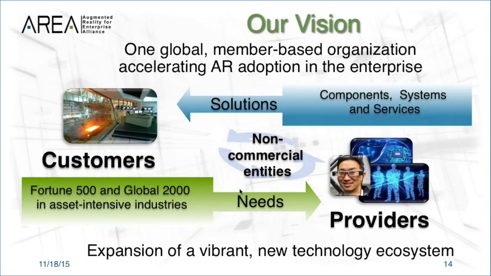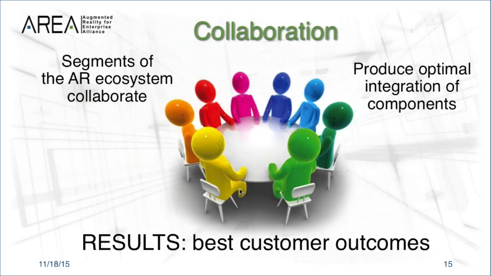And you're going to be hearing from people today who are part of that ecosystem and who are helping to make this all very, very successful. The people who are on the call today, as well as other members of the AR for Enterprise Alliance, represent those three ecosystem segments: the customers, the providers of technologies, and the non-commercial entities.